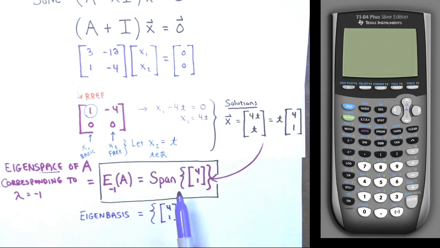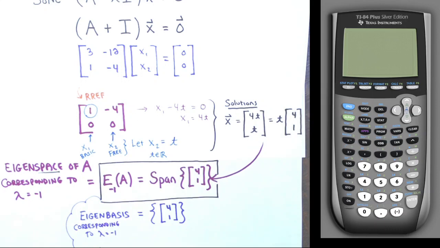Every vector in the eigenspace is a scalar multiple of 4, 1, and a set with a single non-zero vector is definitely linearly independent. So this set spans the space and is linearly independent. Therefore, it is a basis. So again, for this first example, I'll write eigenbasis corresponding to lambda equals -1. But I'll just write eigenbasis in the future.